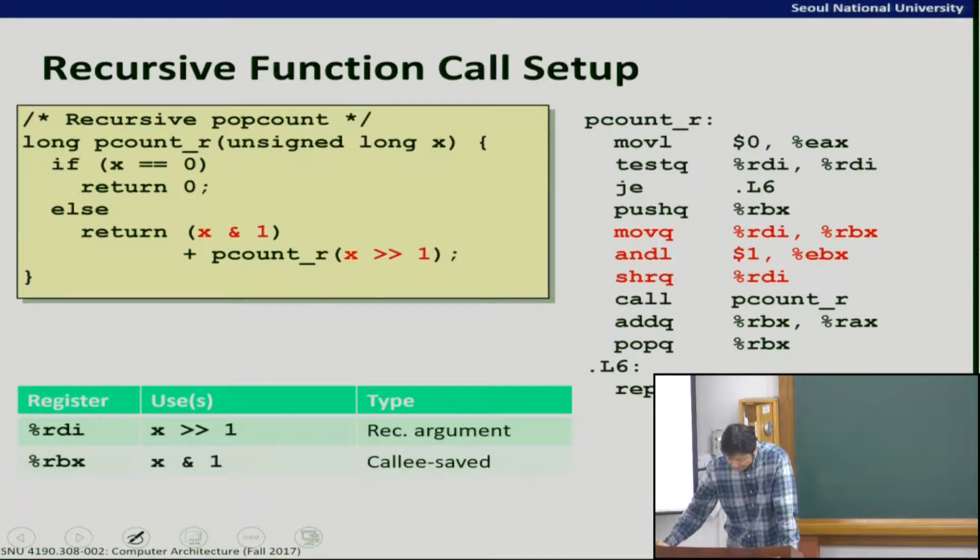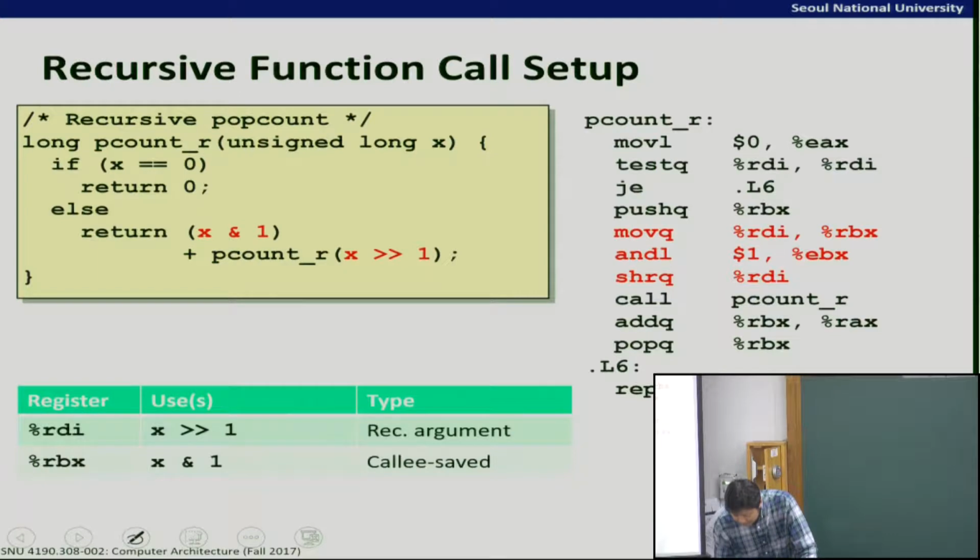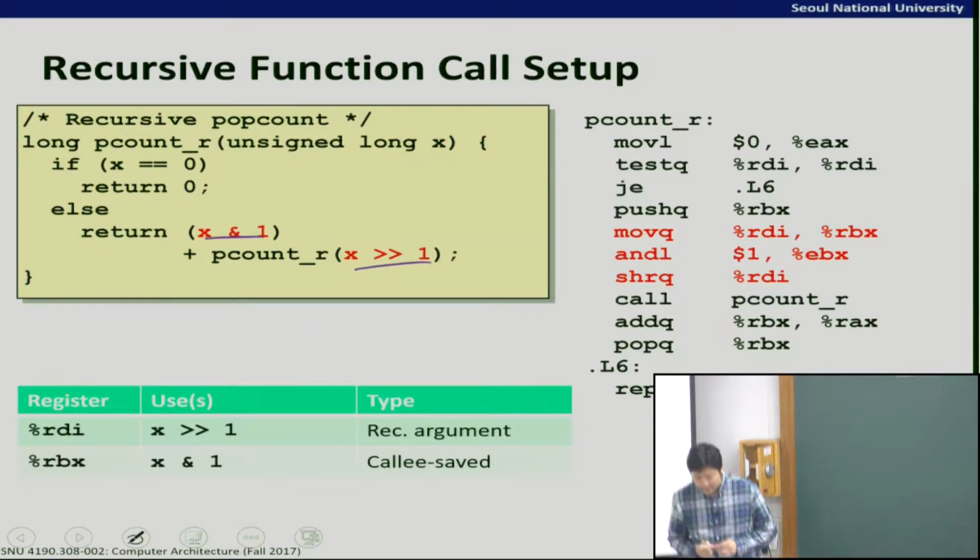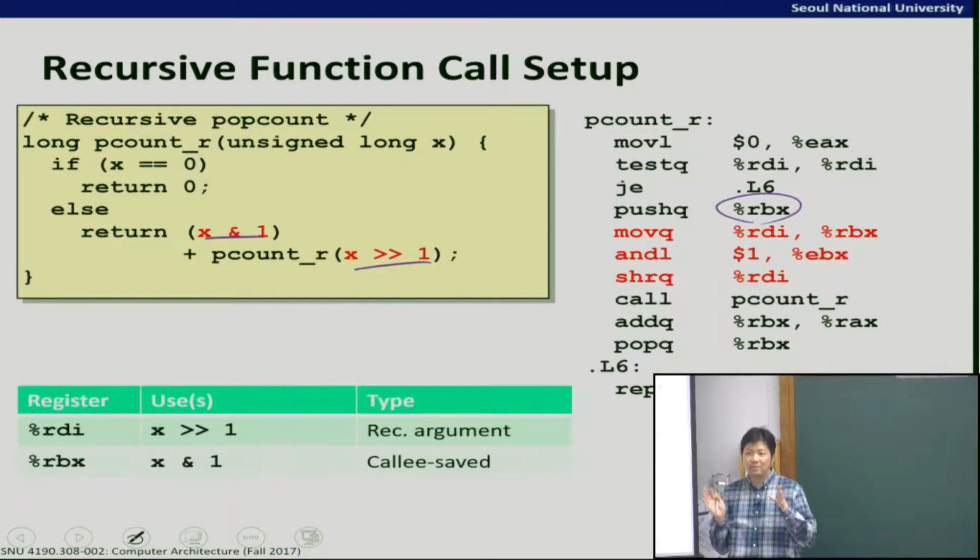In the next step, it computes these two values. Now by pushing RBX, this register can be freely used by this function because we backed up its value, so it can be freely overwritten. It uses RBX as a temporary register.